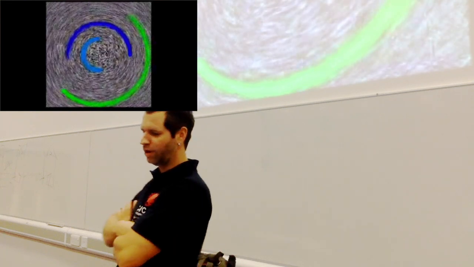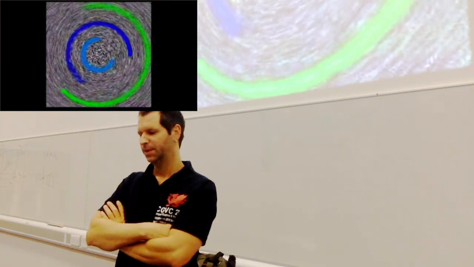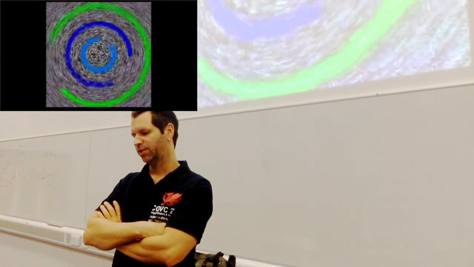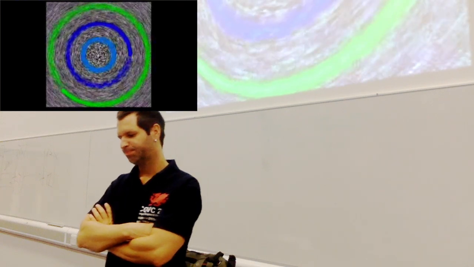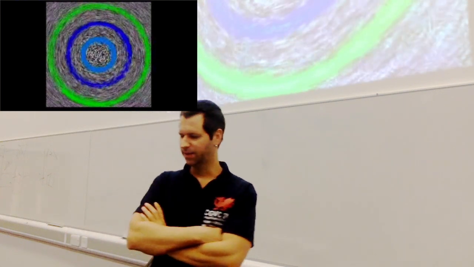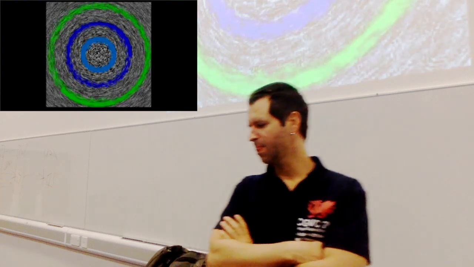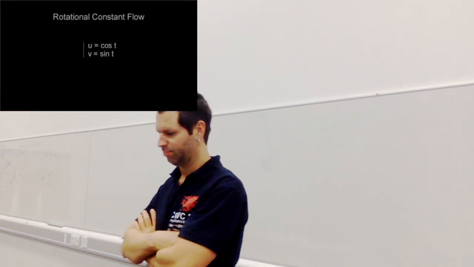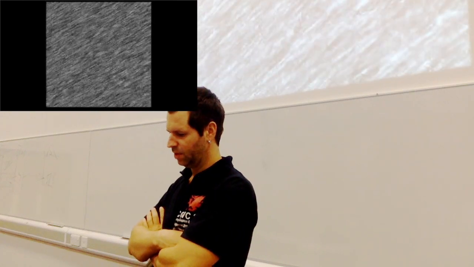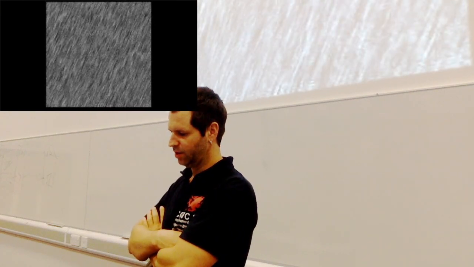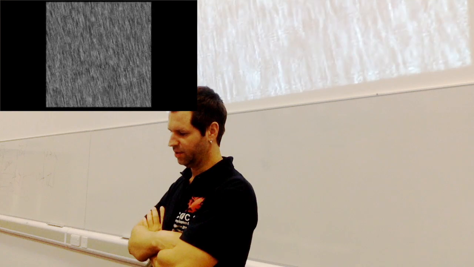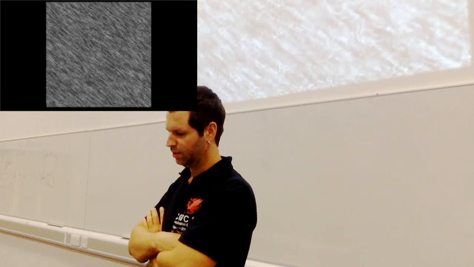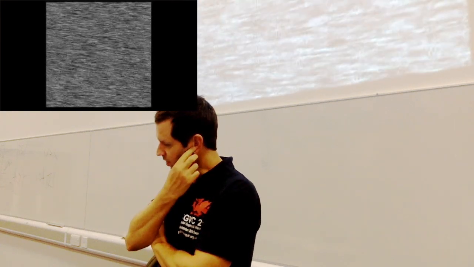Instead of making it white noise, it's now using colors, and then it looks like dye. And that's just a kind of synthetic unsteady flow in this example.